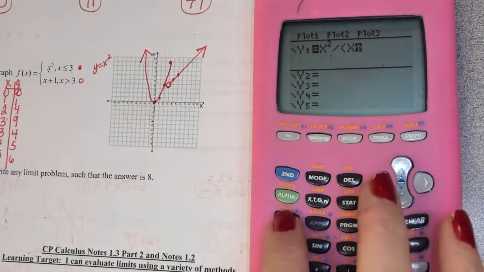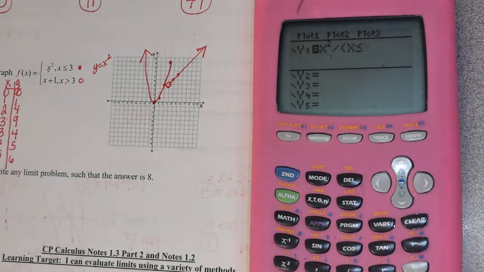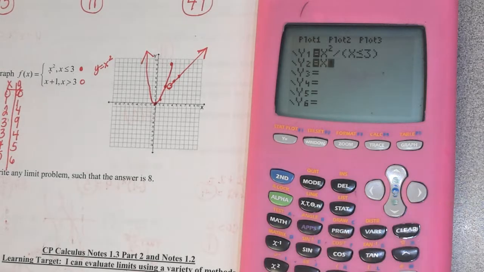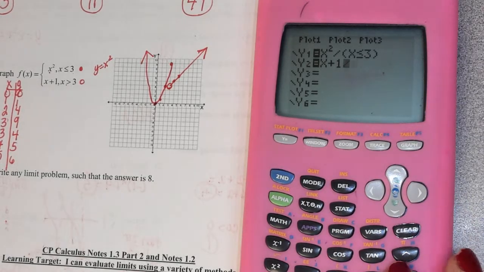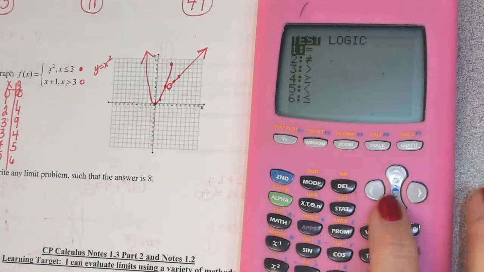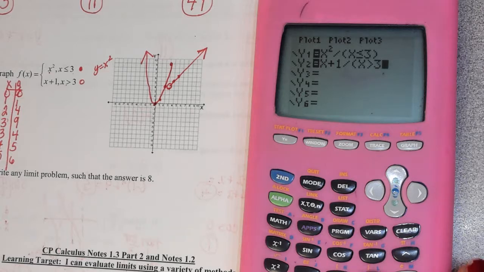Under test, so second math, and I need it to be less than or equal to 3. And then I come down to y sub 2, and I put in x plus 1. Divide it up, though. Only graph this when x is greater than 3.